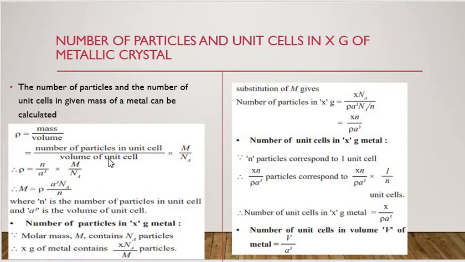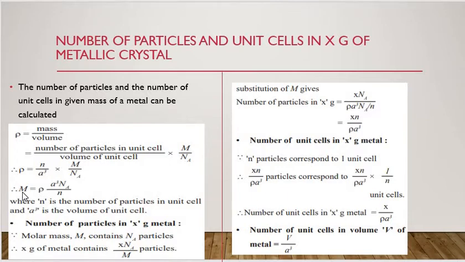And on replacing with their symbols, we will get rho is equal to n multiplied by M upon a cube multiplied by Avogadro constant. On restructuring this formula, we would be getting the molar mass formula.